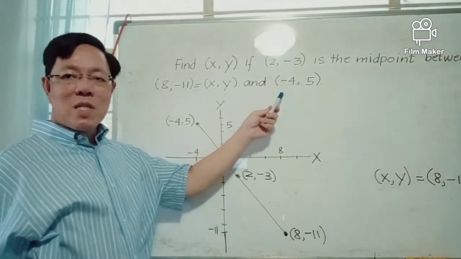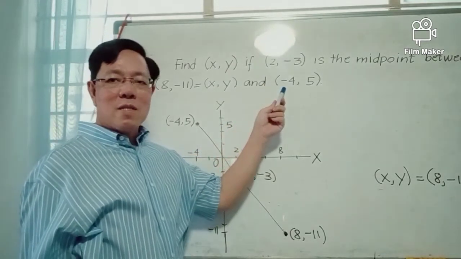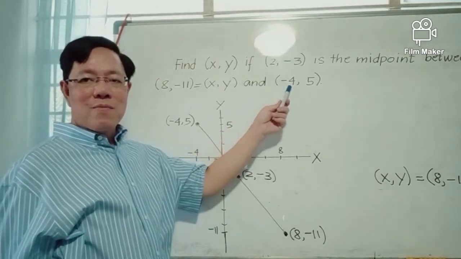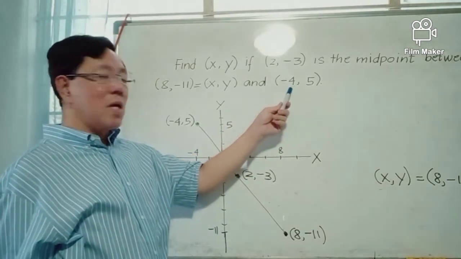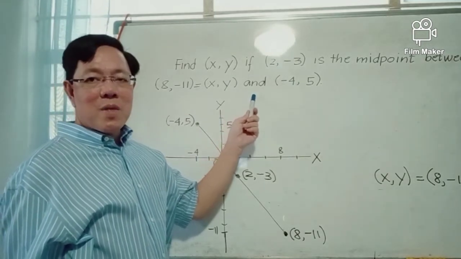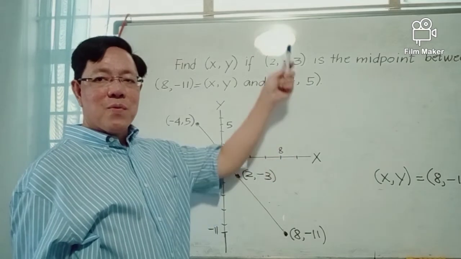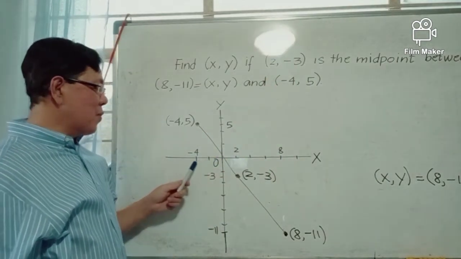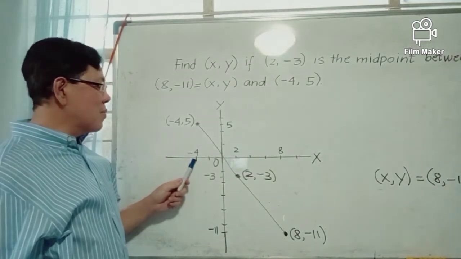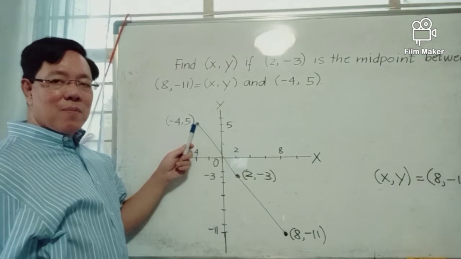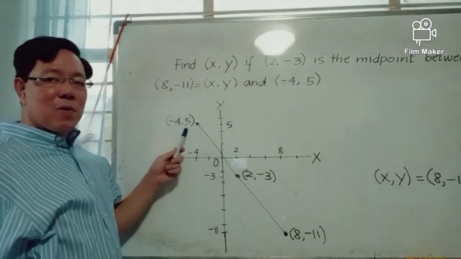The second endpoint of the line segment has coordinates negative 4, 5. This means you count 4 units from the origin to the left of the x-axis, and from there you count 5 units upward. From the origin, we count 2 units, 2, 4, and from this point we count 5 units upward, 2, 4, and 1 unit, 5. This is the point negative 4, 5.